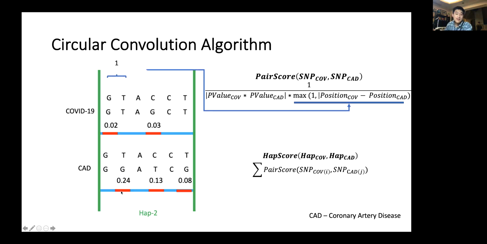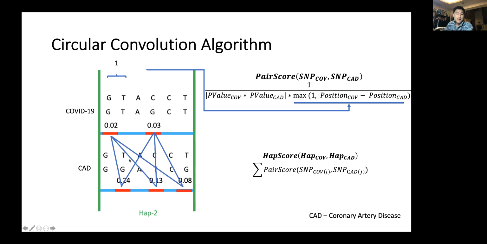Then to get the association score, the HAP score, of the entire haplotype block, I take the combination of each one of the SNPs in the COVID to each one of the SNPs in CAD, and for each line, I get the pair score, and I add all the scores of each one of these lines together to finally result in the score for the entire haplotype block, the HAP score.